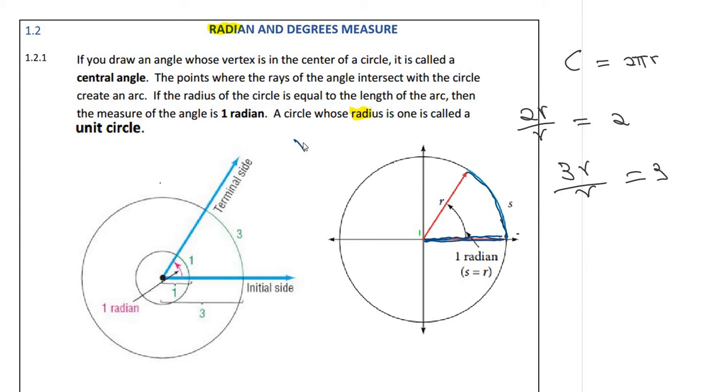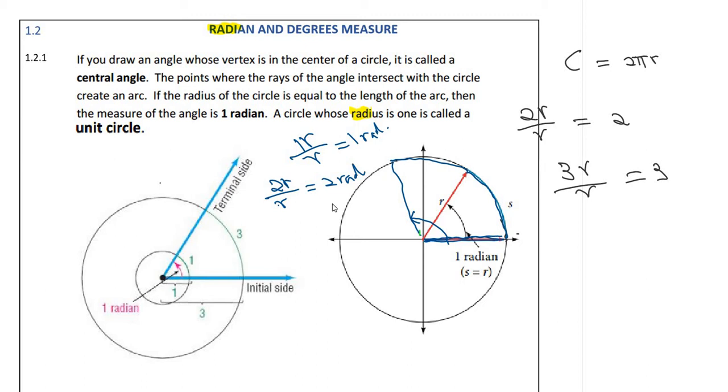So 1 radius on the circumference divided by the radius gives me 1 radian. If I go 2 radii, then I will have 2 radians. So 2 radii divided by the radius gives me my 2 radians.